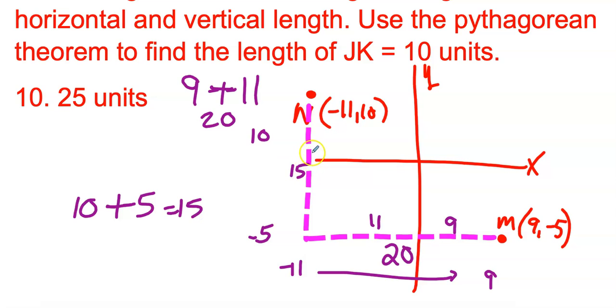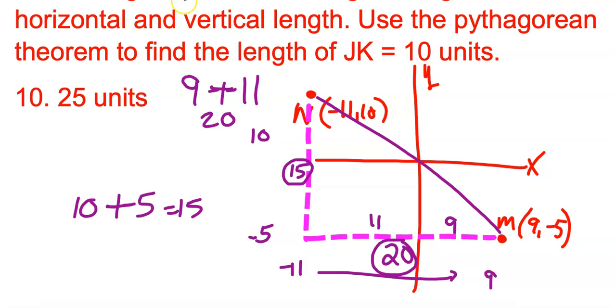So I know that vertical distance is a 15. Again, you can take a look at it from going from a 10 to a 0, that's 10 units, and then going from a 0 to a negative 5, that's 5 more units. 10 plus 5 is 15. Okay, so I now have the legs of my triangle. I know the up and down length is 15, and the left to right length is 20.